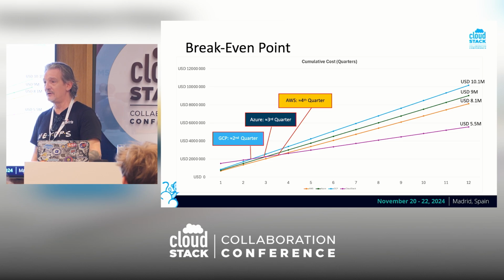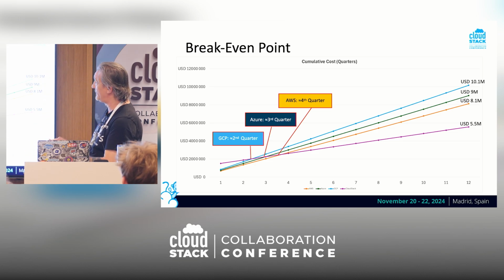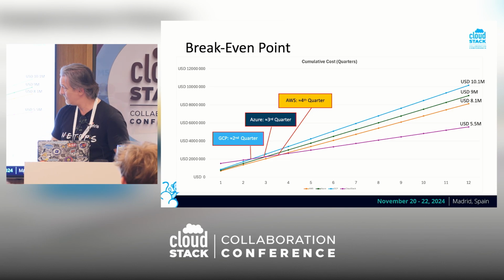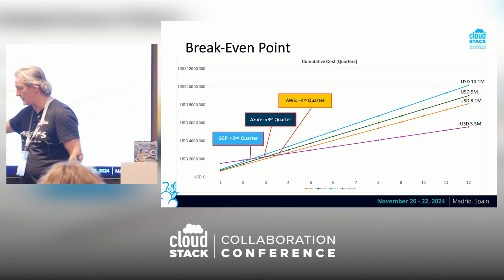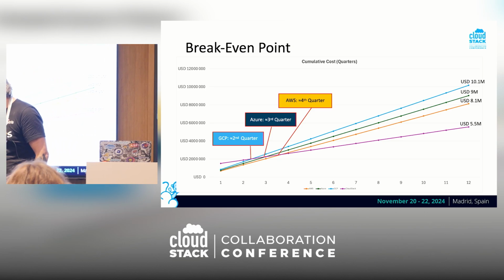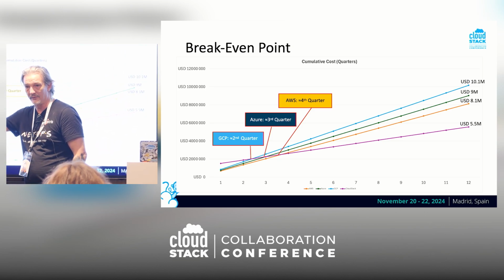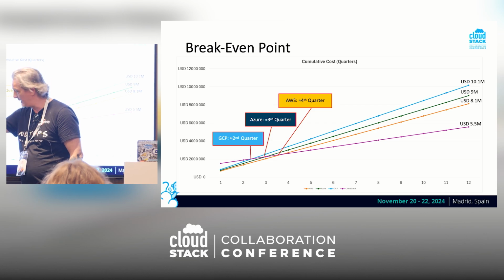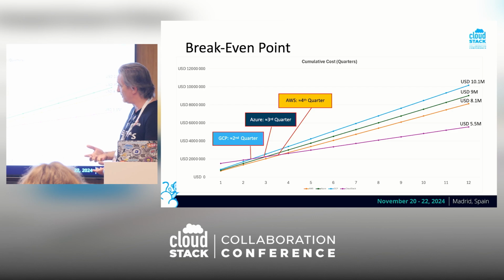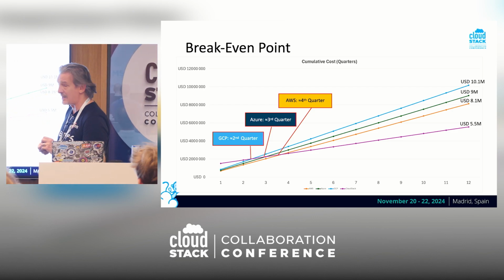I think this graph represents exactly the break-even point, where you start to save money compared with hyperscalers. In this part, you can see the upfront investment related to the on-premise cloud stack. So in the beginning, you need to invest this amount of money to start the implementation of the on-premise infrastructure.